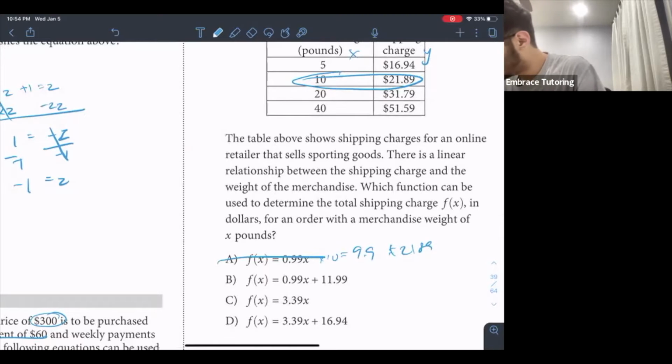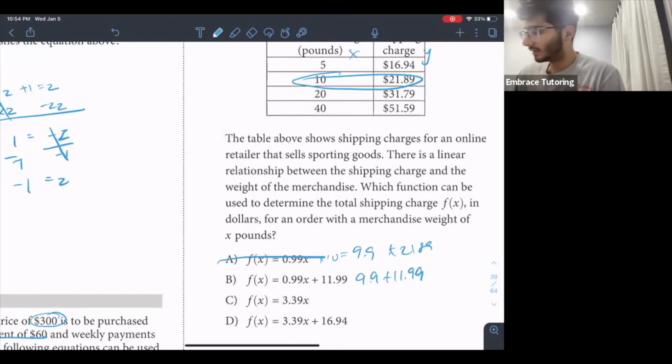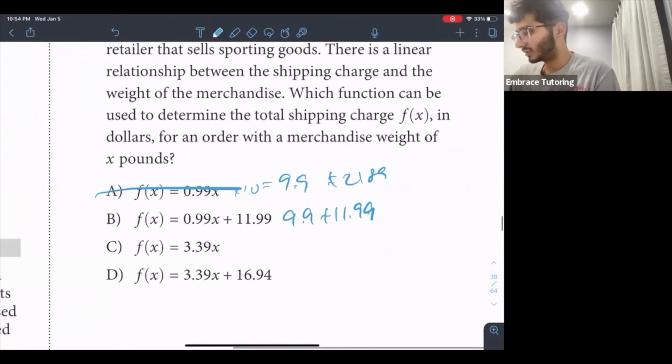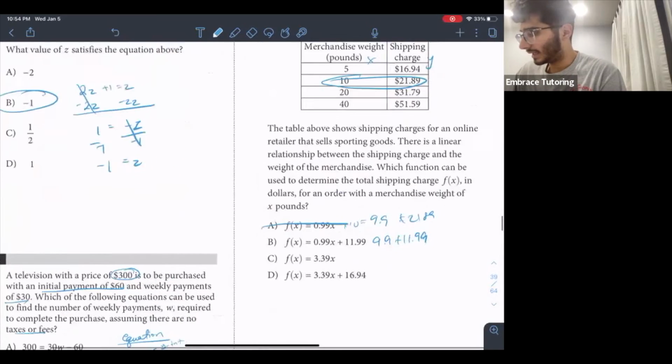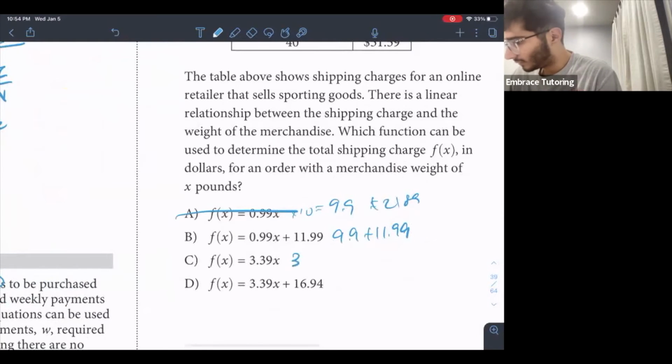Now let's try this one. It becomes 9.9 plus 11.99. Let's just see if the other ones work. Now let's try this one. 3.39 times 10 would be 33.9, definitely not equal to 21.89. We can get rid of it.